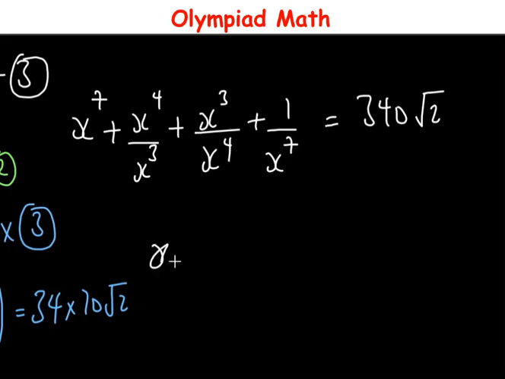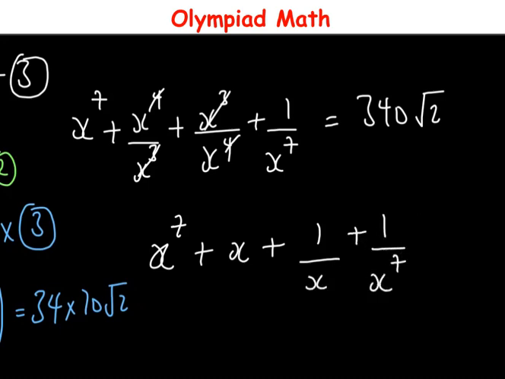So we have x raised to power 7 plus, we cancel this, we have only x, plus 1 over x, plus 1 over x raised to power 7 equals 340 times root 2.